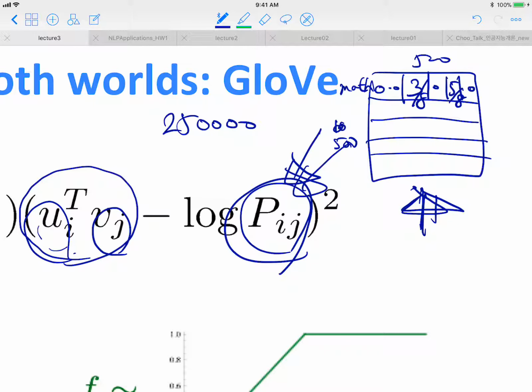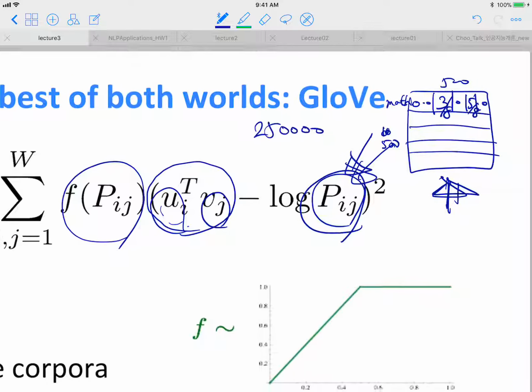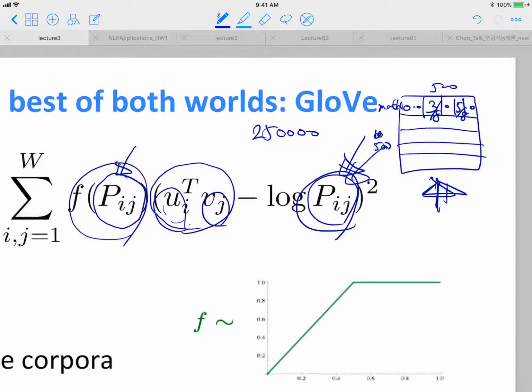But here, one important part is this term. This can be viewed as a weighting factor. I may be a little bit wrong, but you can think of this as Pij. Yes, it is Pij.